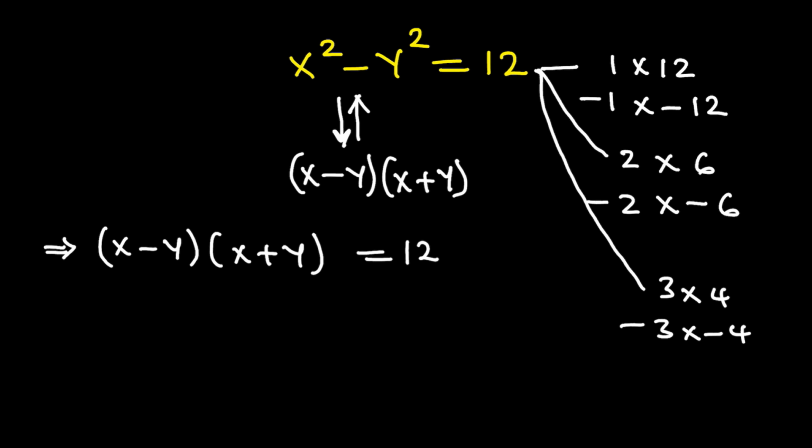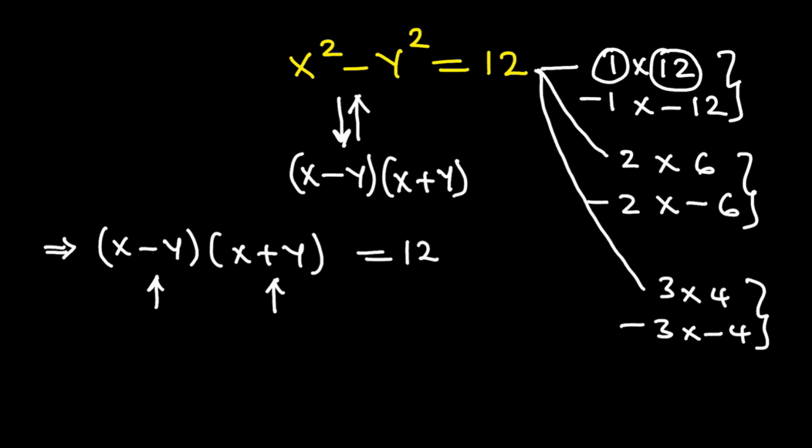Now, if we equate x minus y times x plus y to each of these products, it will mean that x minus y is equal to whatever the first is, and then x plus y is equal to whatever the second is. But how can we decide which is the first or which is the second?